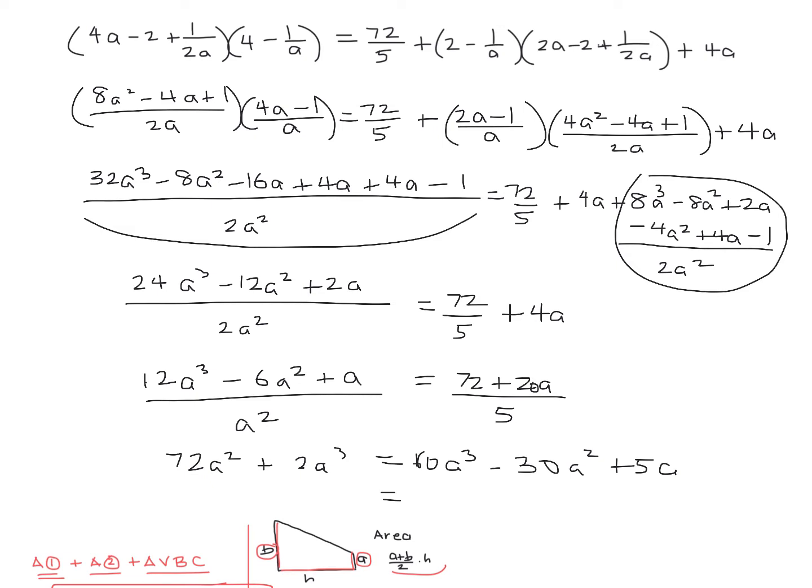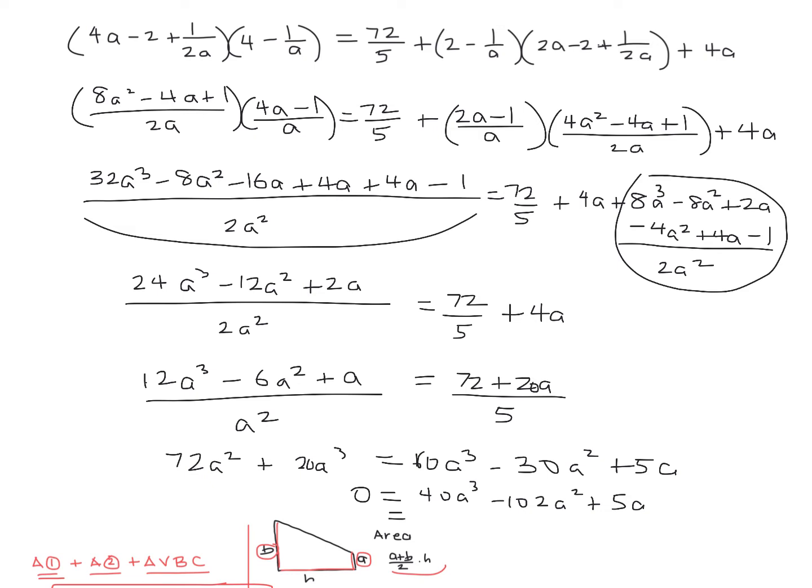I missed another 0. This should have been a 0 right here. 20. Okay, put everything on one side, and when you do, you get 40a to the power of 3, and then we get 102, I believe, minus 102a to the power squared plus this 5a.